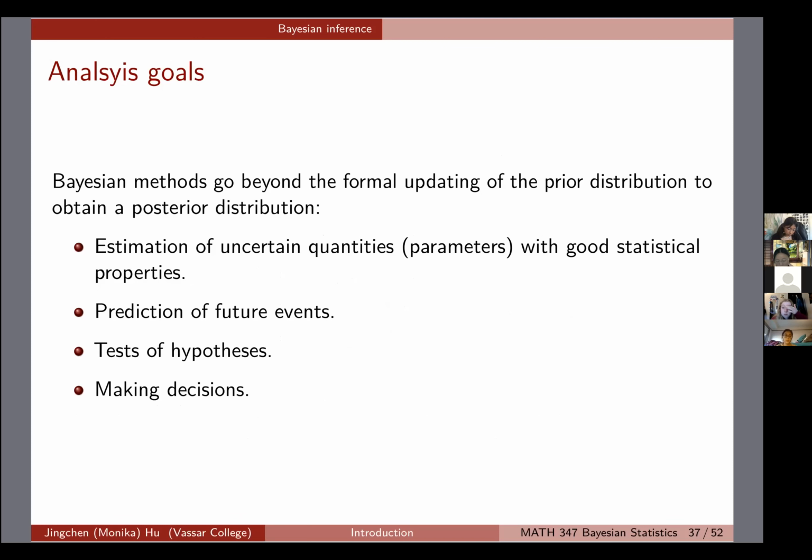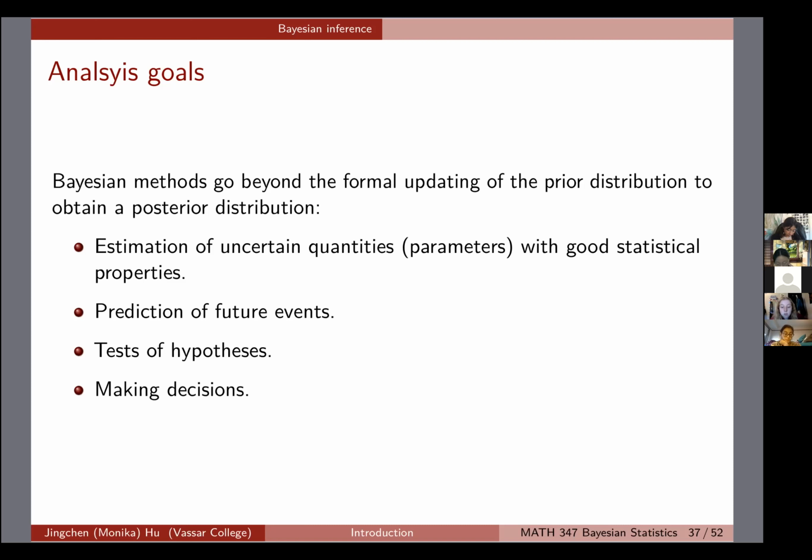All right, so there are other analysis goals together with what we talked about, like you can update the prior to the posterior and all that, but we can also use Bayesian methods to do estimation of certain quantities like parameters to have good statistical properties. You can also do Bayesian prediction. So a lot of times when we do regression or any kind of other model, you're curious about making predictions. So that is pretty natural in the Bayesian sense, and we're going to see that as well.